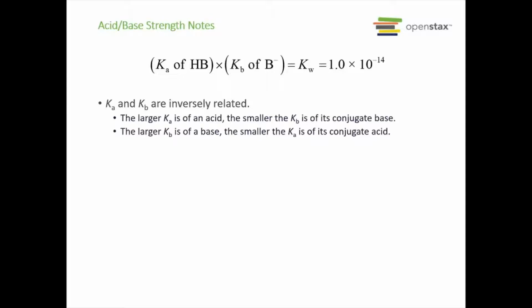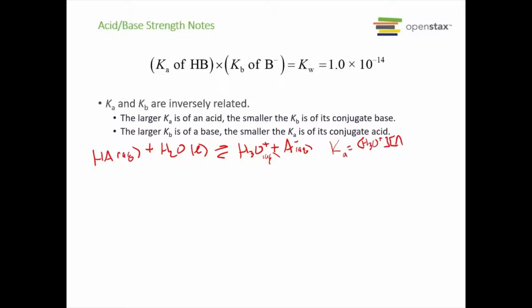And just to show you, let's look at the general equation of HA aqueous plus H2O gives H3O plus and A minus. And like we saw before, Ka is equal to H3O plus times A minus over HA.